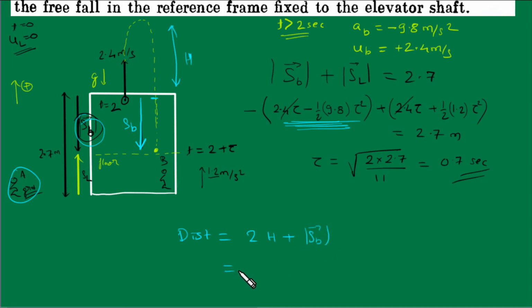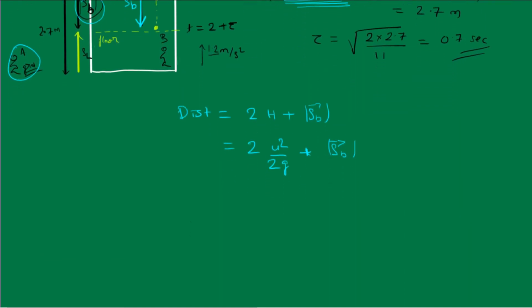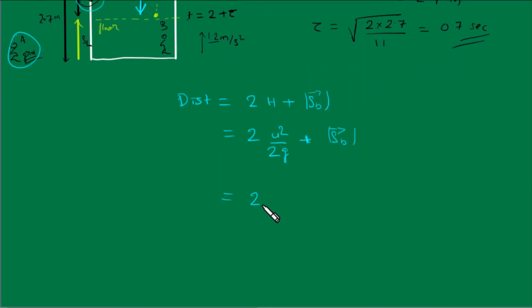And we know that the maximum height achieved by the particle can be written as u square by 2g, right? Because during free fall acceleration will be g only, and they are asking in ground frame, plus the displacement of the particle in this direction. Now u is 2.4, so 2.4 square by 2 into 9.8.